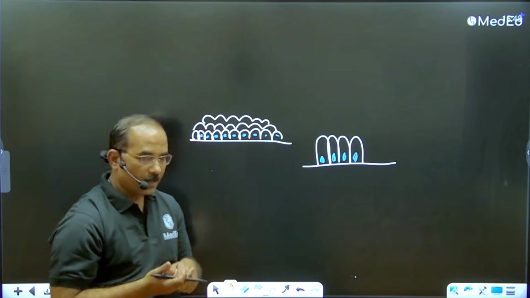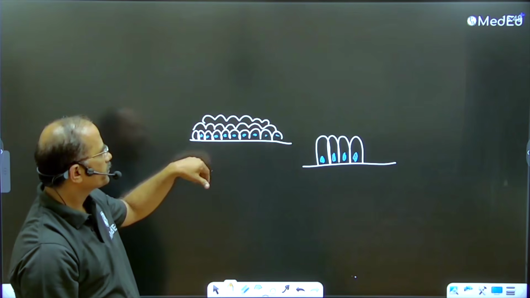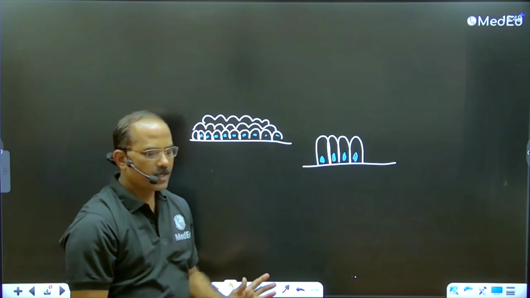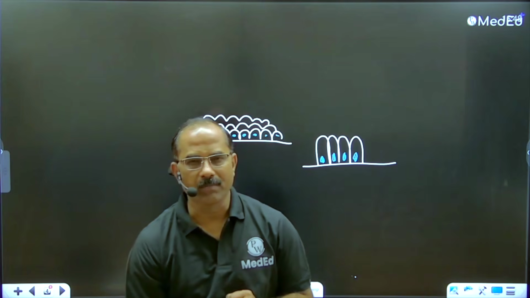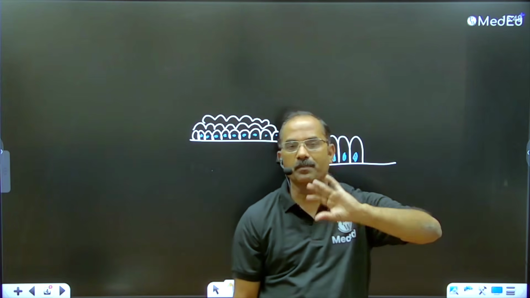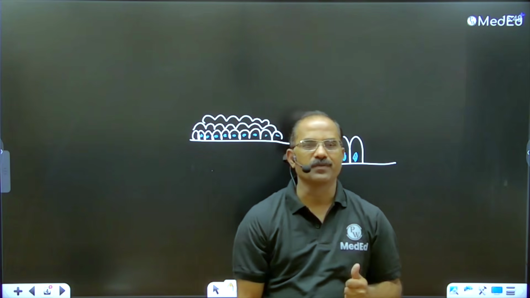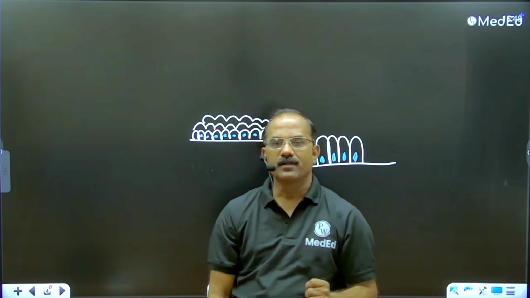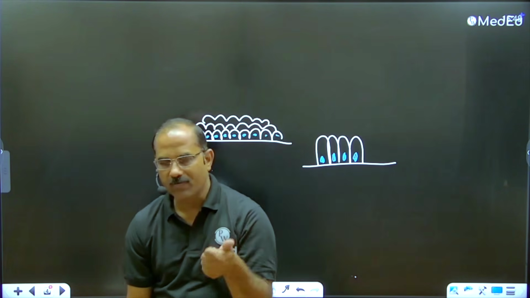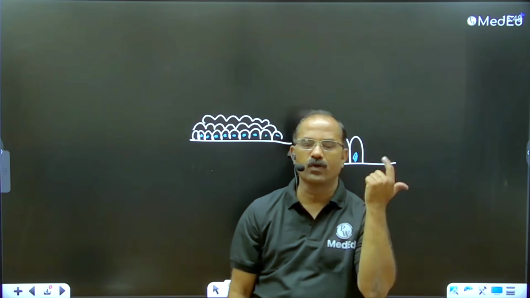Okay, there's another epithelium in which the cells are multi-layered, but all the cells are resting on the basement membrane. It gives a false appearance of stratification. We call this pseudo-stratified epithelium. And this pseudo-stratified epithelium will have cilia. This is the characteristic of respiratory epithelium, pseudo-stratified ciliated columnar.